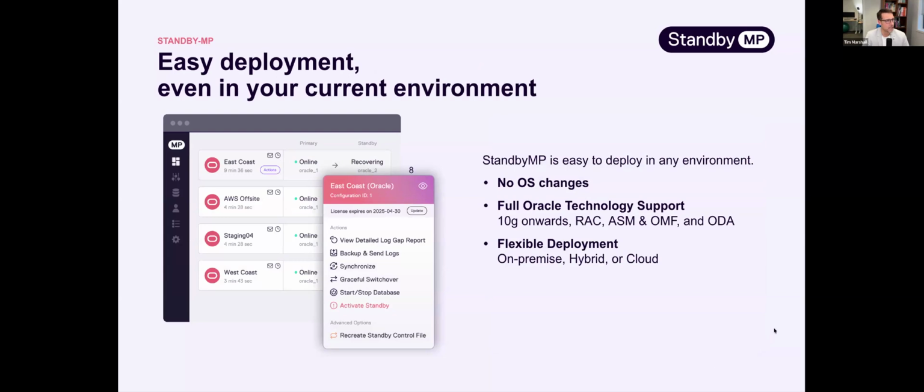We mentioned easy deployment, but I also want to talk about here that we also support a lot of different Oracle technologies. So no matter what type of setup you have for your Oracle database, we most likely support that. That includes databases from 10G. We have many customers still on version 12, RAC, ASM, the new SE2HA, the Oracle Oda box and Oracle KVM.